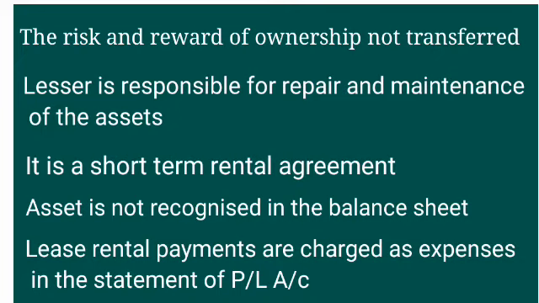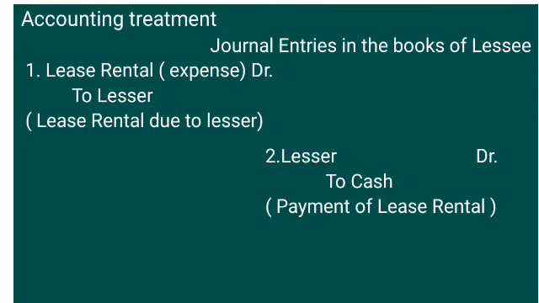The second one is payment of lease rental: at the end of each period, the journal entry is lessor account debit to cash. This is the entry for paying the lease rental at the end of every period.